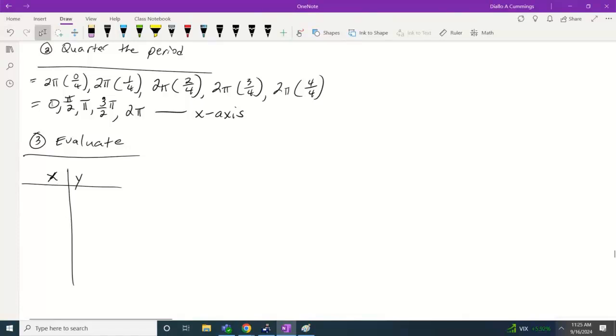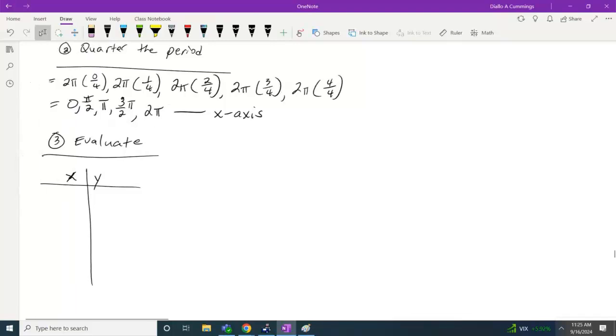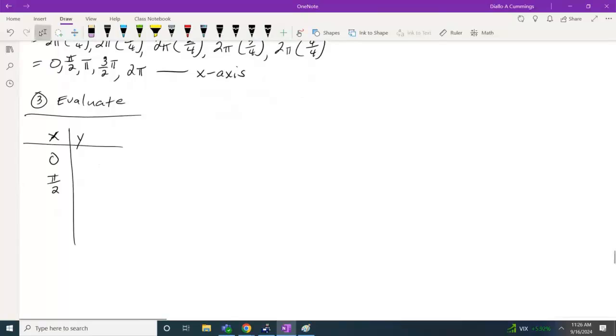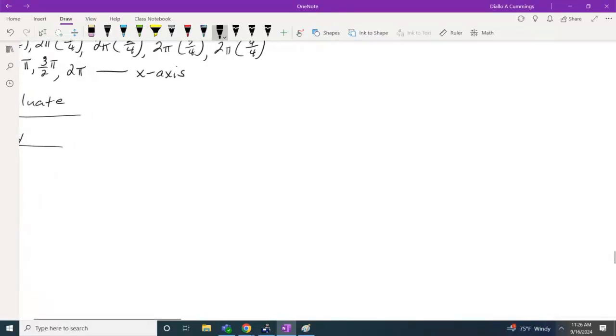So my X values are the numbers we just previously found: 0, pi over 2, pi, 3 pi over 2, and 2 pi.